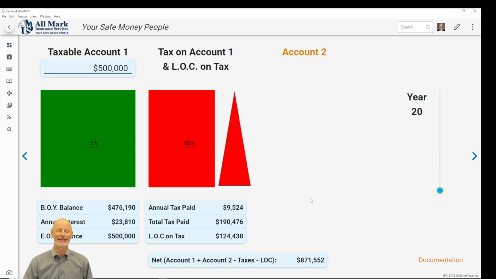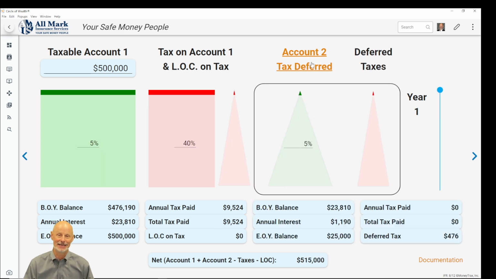And by paying those taxes with outside money and taking that money out of that account, we end up only having to pay $124,438 as our opportunity cost, plus the $190,000 we paid in taxes. And our net result over here is $871,552.